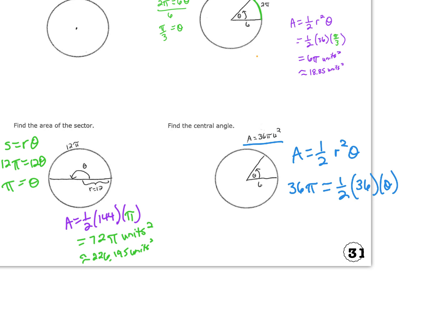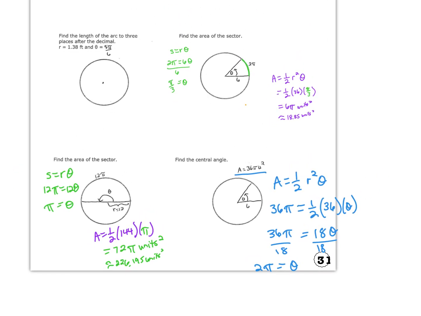So half of 36 is 18. If we divide by the 18, we get that theta is equal to 2 pi. So in some instances, you're working backwards, or you've got extra work you have to do. So I wanted to share that with you guys.